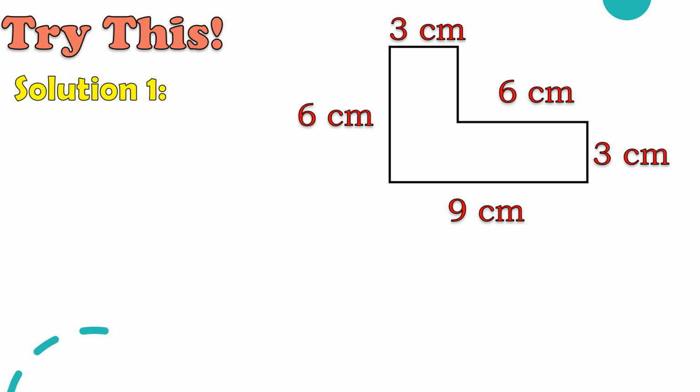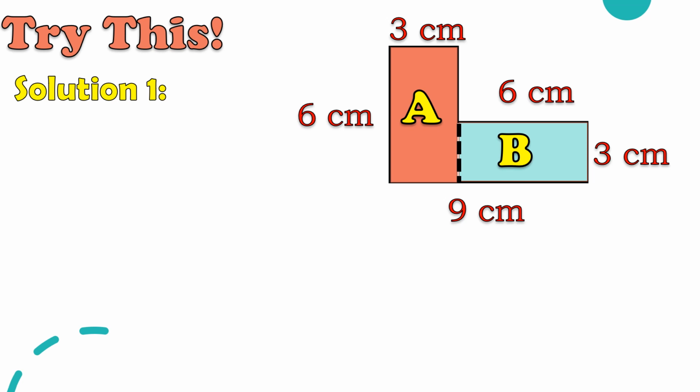So ano ang gagawin? So, ang una natin gagawin ay magdodraw muna tayo ng imaginary line dito. Then, since nakapag-draw na tayo ng imaginary line, nahati ang figure sa 2 rectangles. So, let us label the first rectangle as rectangle A at yung pangalawa ay rectangle B. So, para mahanap natin ang area ng figure, hahanapin muna natin ang area ng rectangle A at ng rectangle B since hinati natin ito sa dalawa.